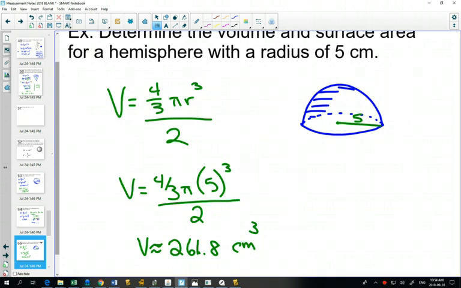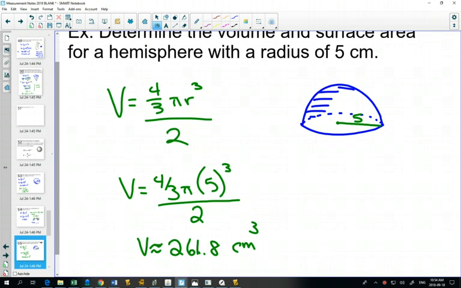So my question is, if a hemisphere is half a sphere, and the volume of a hemisphere is half the volume of a sphere, why is it that the surface area of a hemisphere isn't half the surface area of a sphere?